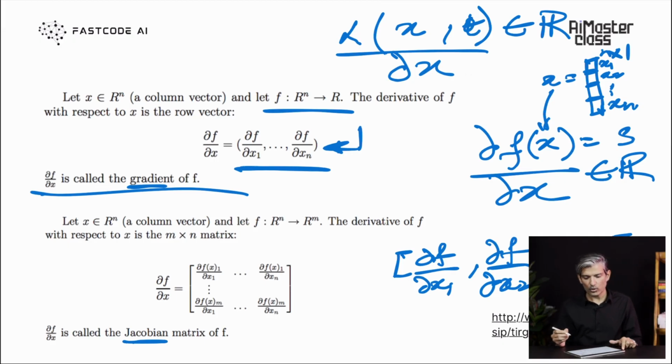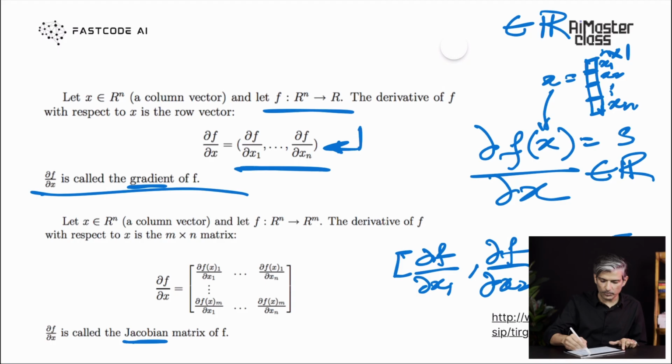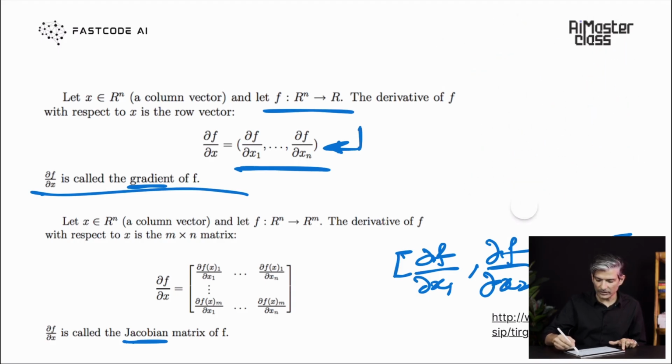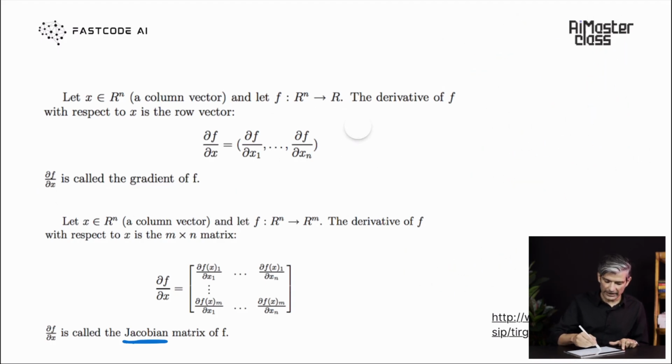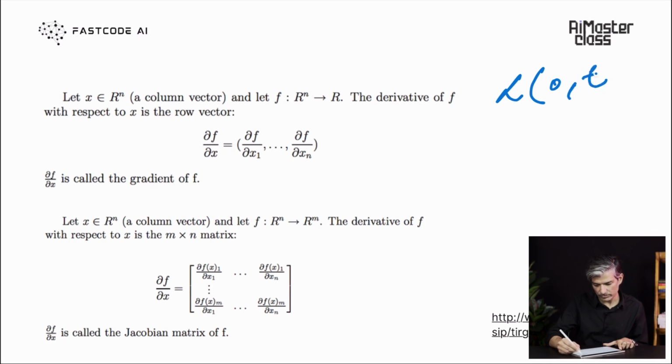And this is what differentiation of the loss with respect to, say, the output will look like. Because what is the loss a function of? The loss is a function of your output and the ground truth, the target. Now the target in this case is a constant, so the only thing that we can differentiate it with respect to is our output.